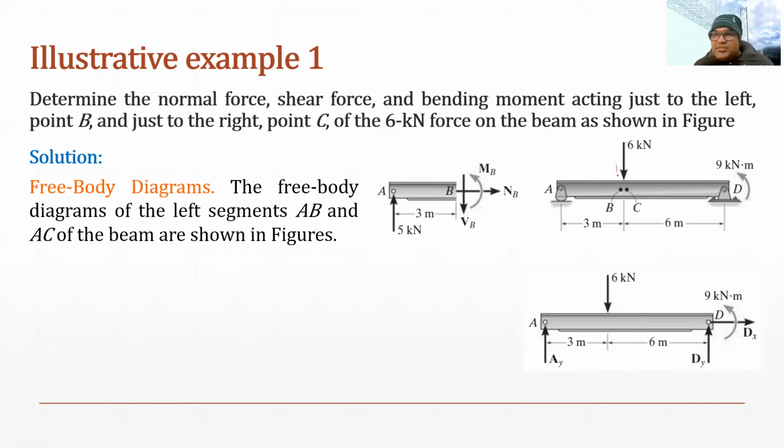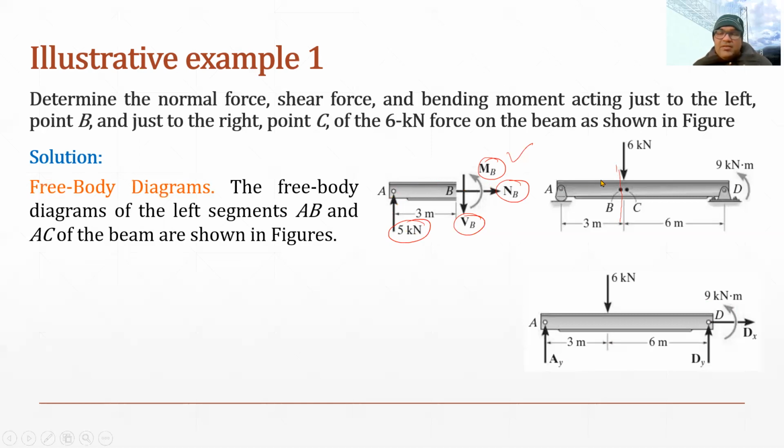We are taking just this one. In this, we will see only the internal forces, which are the resultant moment at point B, normal force, and V force. These three are the internal forces acting at point B, and at A, there will be a reaction AY. That is the free body diagram of segment AB.